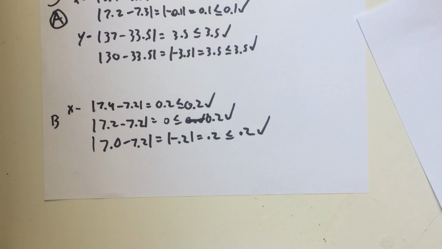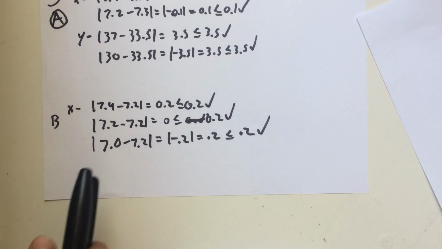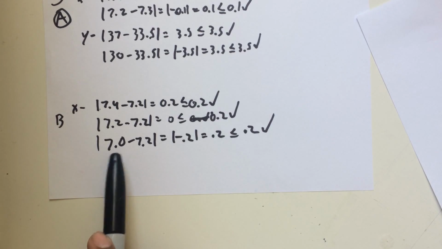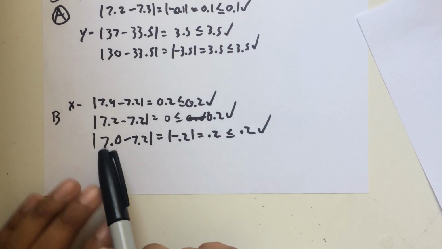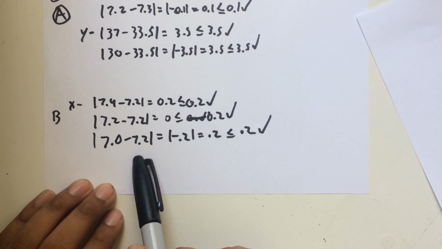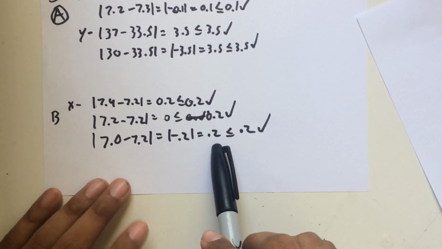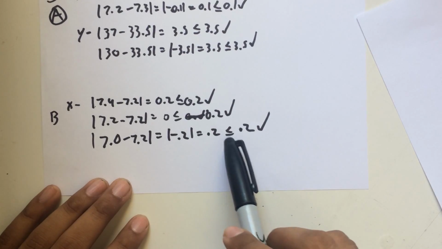The main problem is that it includes more than that. That isn't covered by the optimal range. So, for example, if we go even lower than 7.2, which the graph says is within the optimal range, and go out of it and go to 7.0, we see that 7.0 minus 7.2 is equal to negative 0.2, whose absolute value is 0.2, which is less than or equal to 0.2.